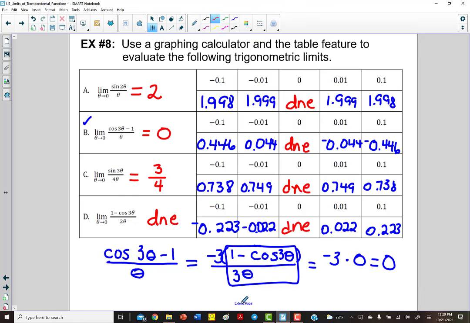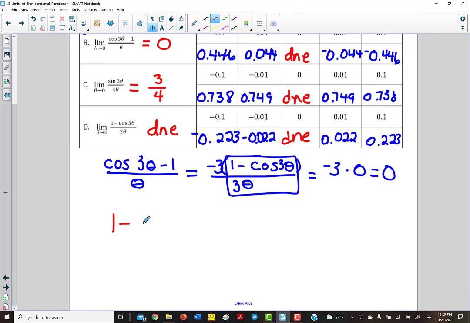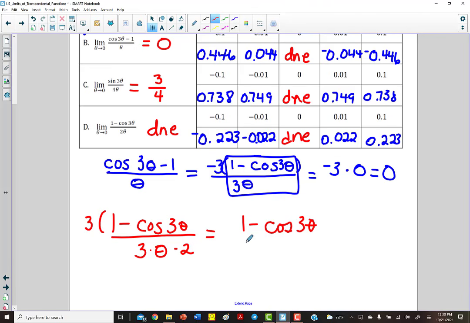Now, can we think of this the same way? So 1 minus cosine 3 theta over 2 theta, because it appears from the table that there's no limit. But if I can make this turn into a 3 times a theta and just kind of move that 2 as a factor out, all I have to do is multiply the top by a 3 and the bottom by a 3. So we have 1 minus cosine 3 theta divided by 3 theta.